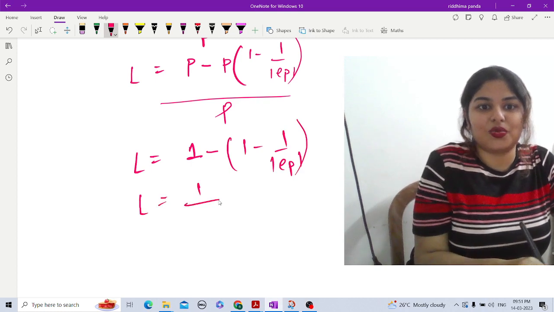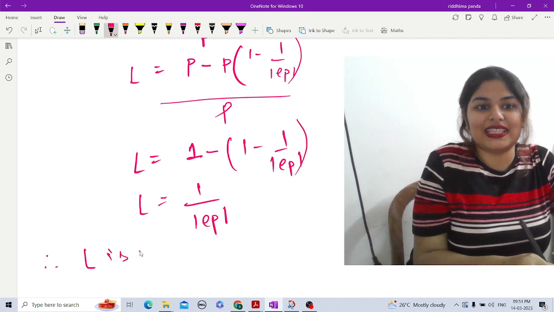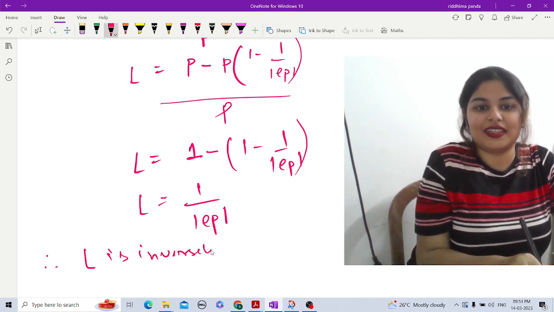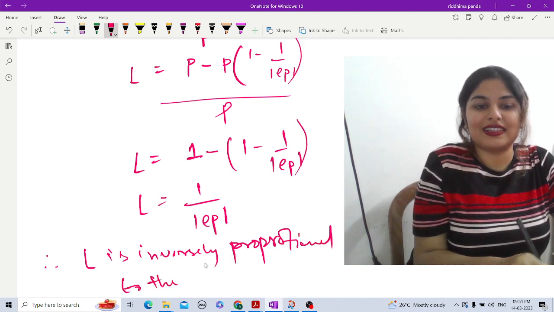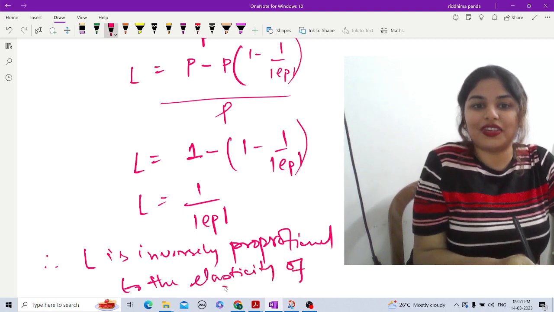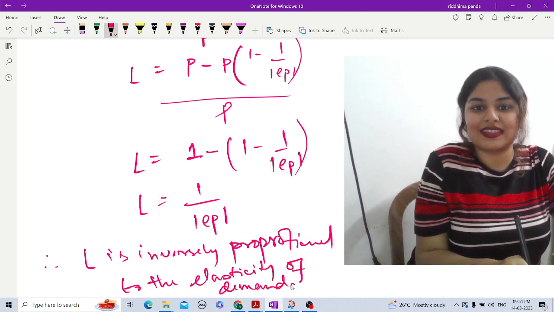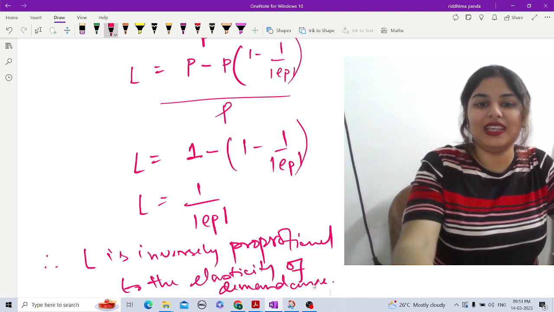So L = 1/EP. Therefore, L is inversely proportional to the elasticity of the demand curve.